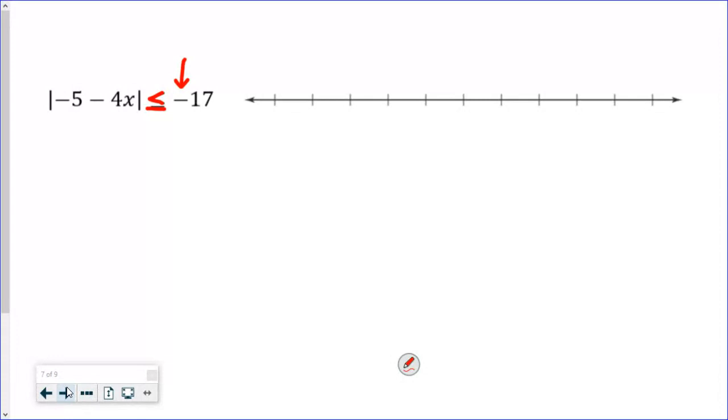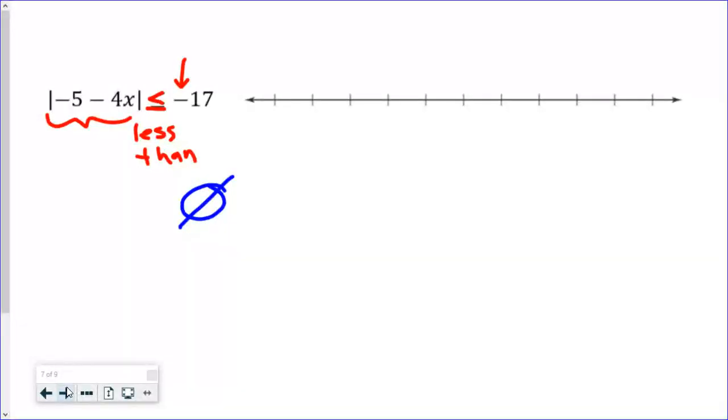Absolute values can't be negative. If it was going the other way, could work, but it's not. It's going this way. So since an absolute value cannot be less than a negative, your answer from the get-go is no solution.